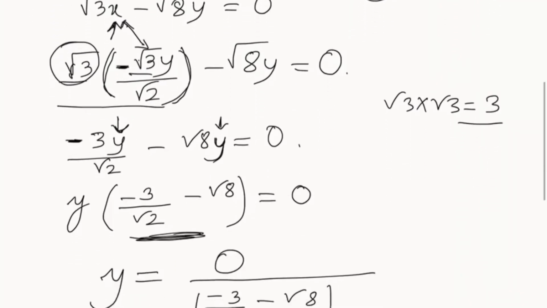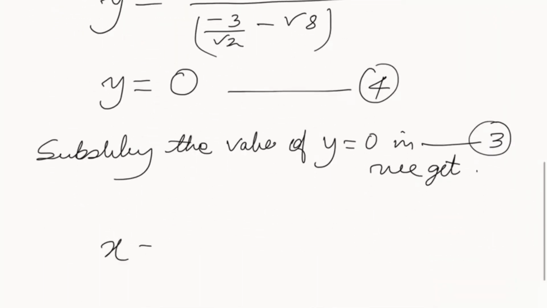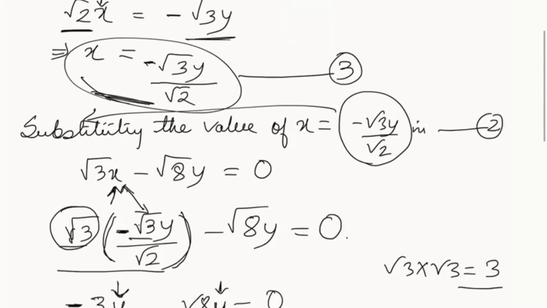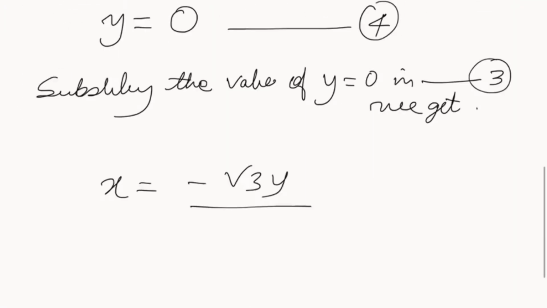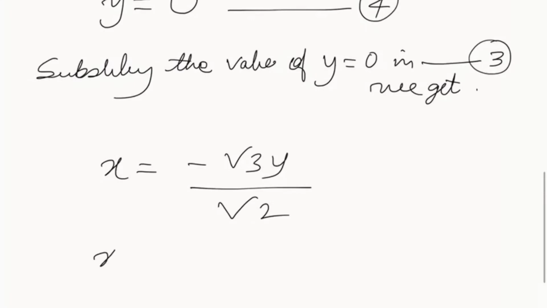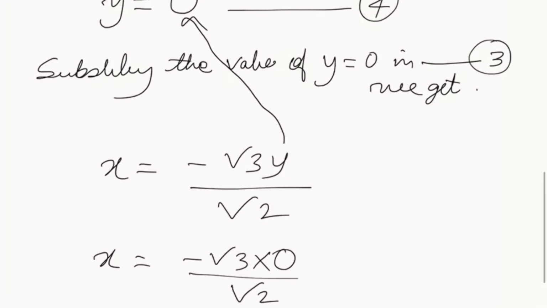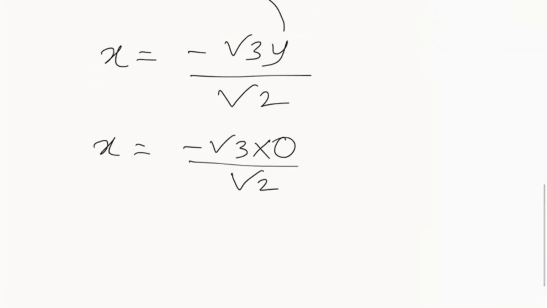So x equals minus root 3 y by root 2. So x equals minus root 3 into the y value, which is 0, divided by root 2. Anything multiplied by 0 is 0. So at the end we have x equals 0.